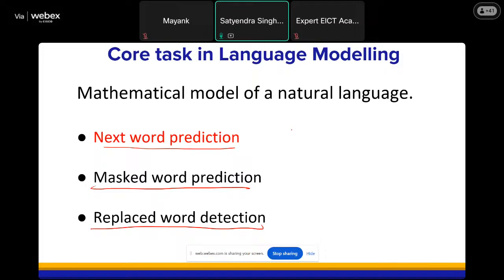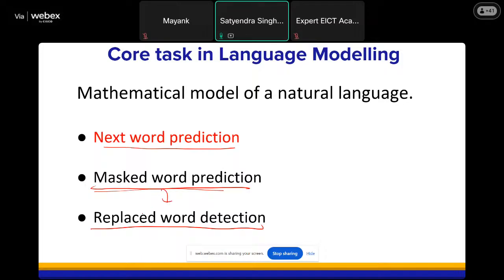Given the corpus, those neural network models are trained to predict the next word given the previous words. N-gram based models use the probability concept of conditional probability, where given the previous words you calculate the probability of the next word. In masked word prediction, some words in the sentence are randomly masked, and given the other words as context, the model tries to predict the masked word.